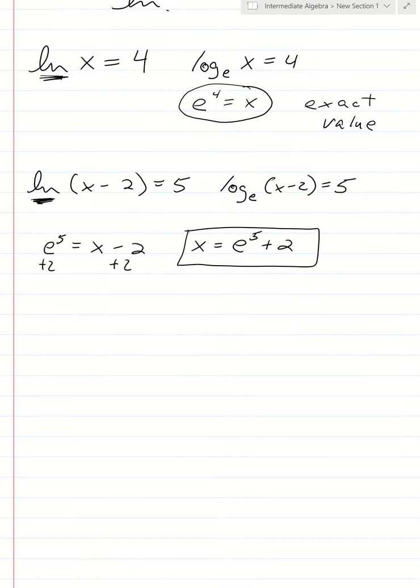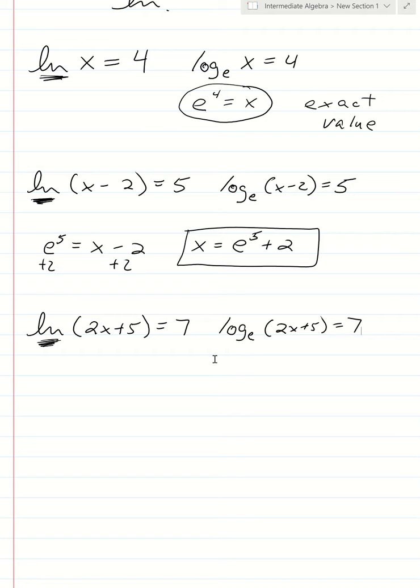Let's just try one more. If we have the natural log of the quantity 2x plus 5, let's say this equals the number 7. We want to solve for x. Well, once again, keep in mind that when you see the natural log, that is just an abbreviation for log base e of that 2x plus 5 is supposed to equal 7.